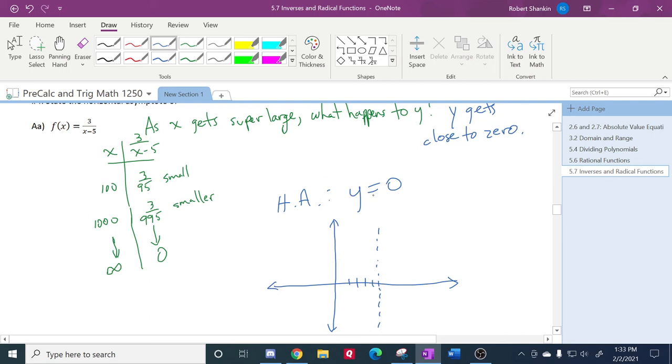All right. So this one, when I graph it, it looks like this. It's got 2 asymptotes. As I get closer and closer to 5, I get closer and closer to this dotted line. And the horizontal asymptote, I would put a dotted line, except there's already an x-axis there.